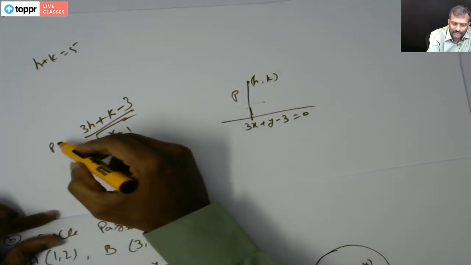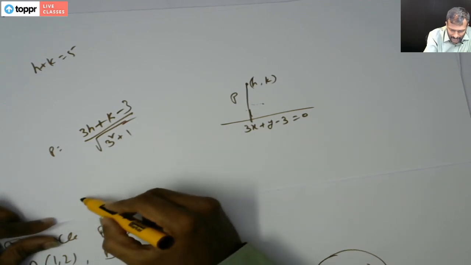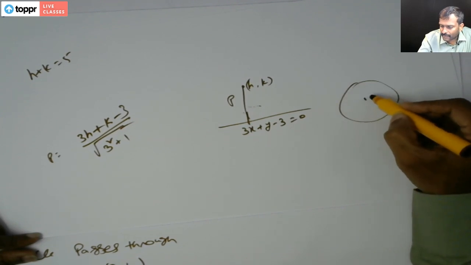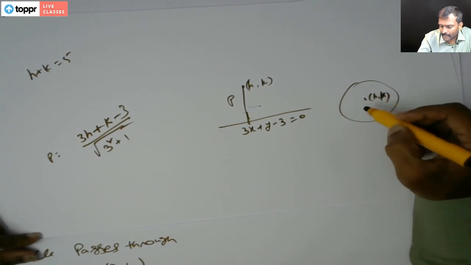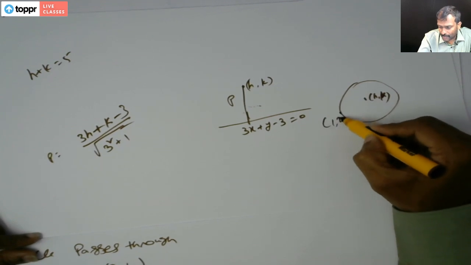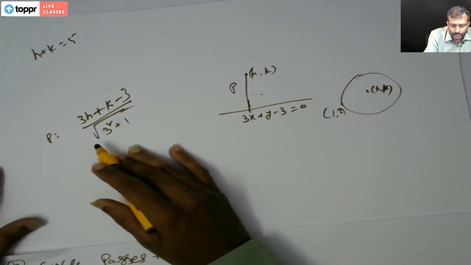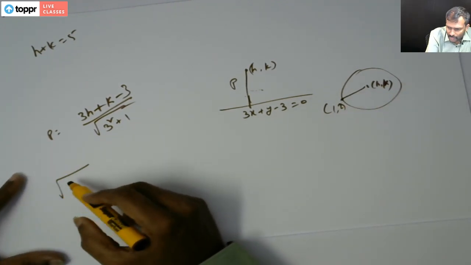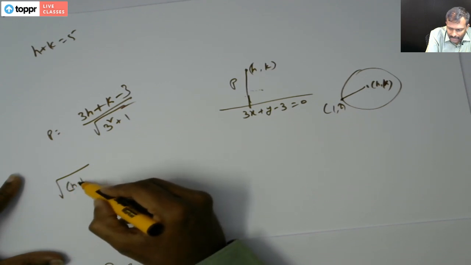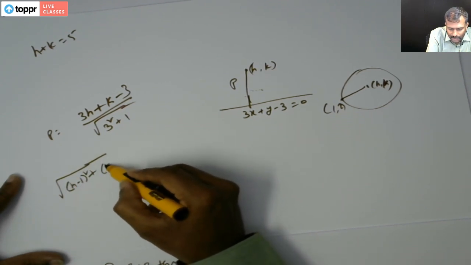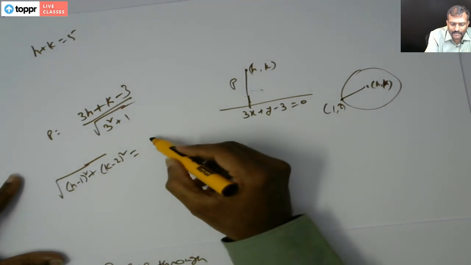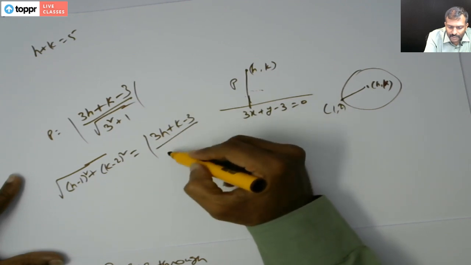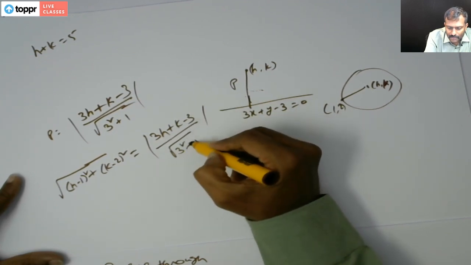So here, if this is the distance, what is the distance between this circle's center h comma k and say the point 1 comma 2? Now if I take this distance, it is the square root of h minus 1 whole square plus k minus 2 whole square, and this is the same as the modulus of 3h plus k minus 3 by root of 3 square plus 1.